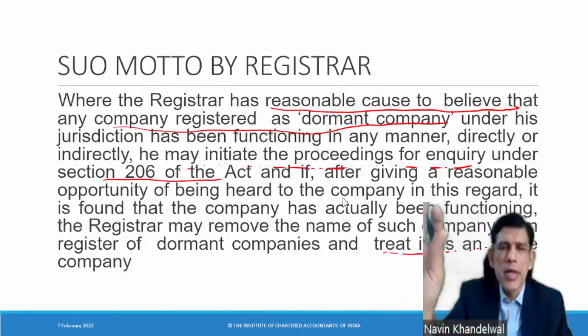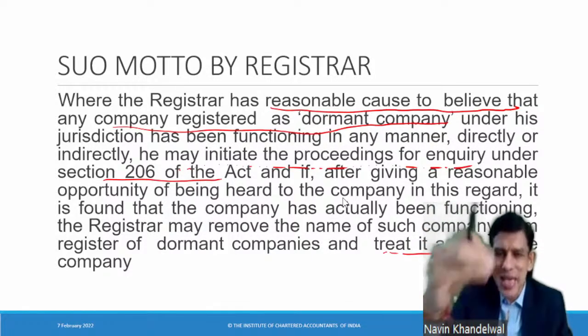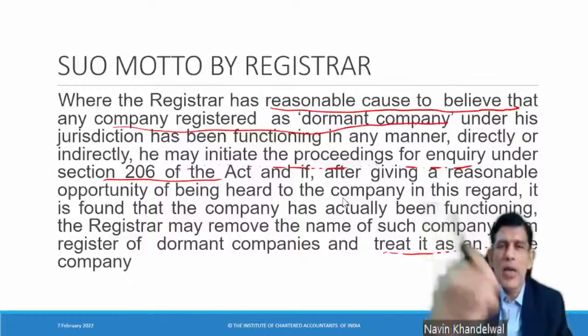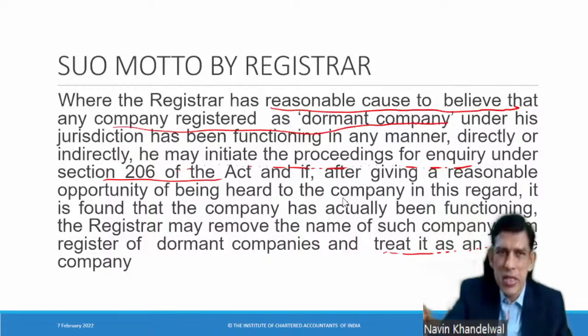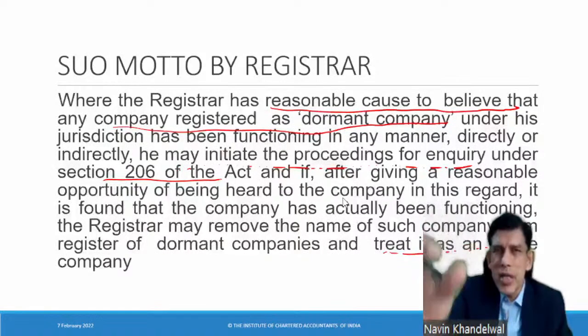Only a marginal extra cost has to be incurred. Because by mistake, by ignorance, if you enter into any transaction once you have been classified as a dormant company, then later on the consequences are heavy.